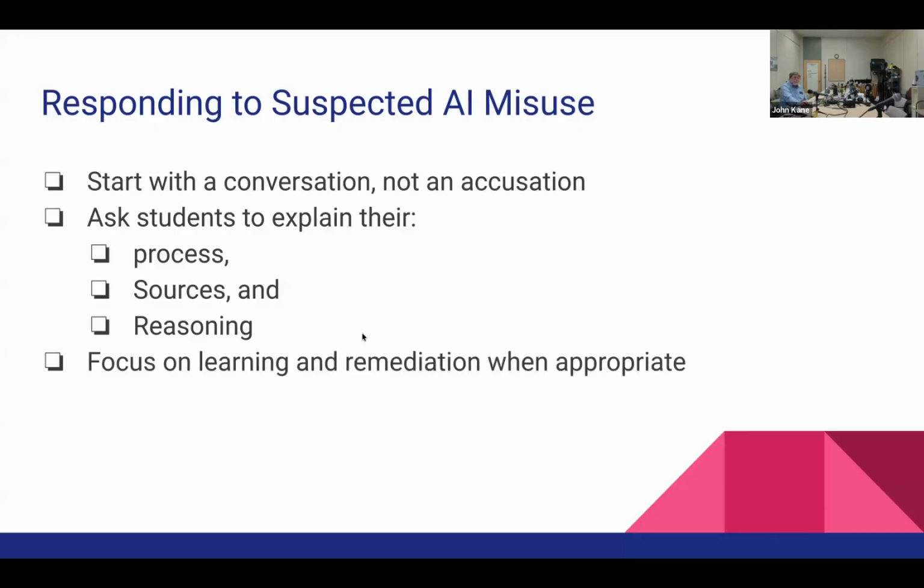And it might be useful, especially if it's a low stakes thing where they're just beginning a project, especially if it's a lower level course, to focus on helping redirect them into more ethical behavior. We don't want to reward them for using AI inappropriately. And this was something that came up in the opposite of cheating.